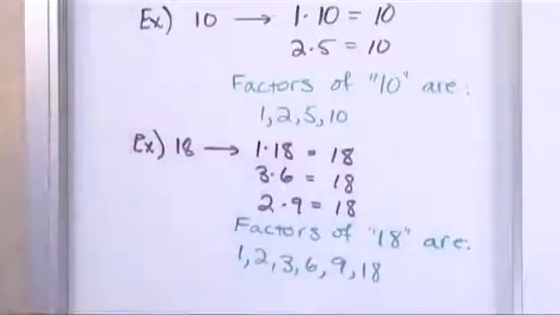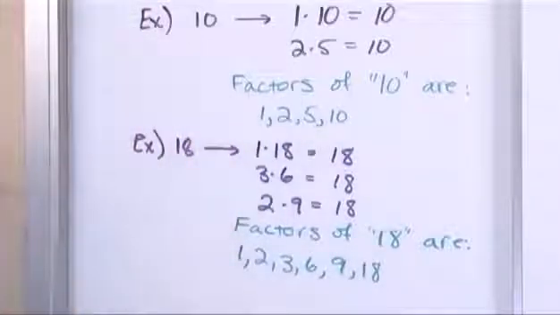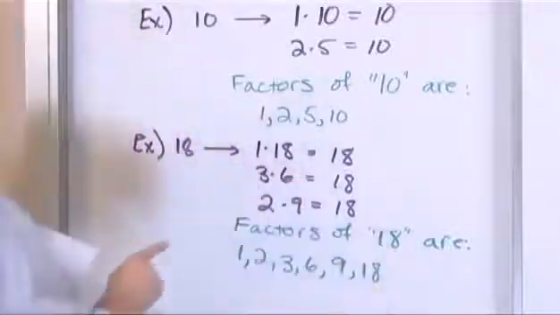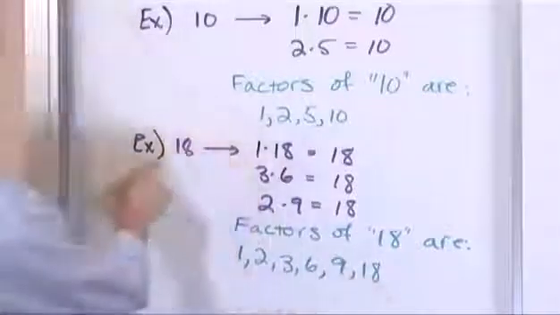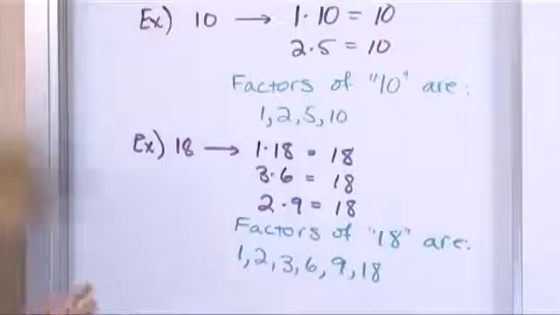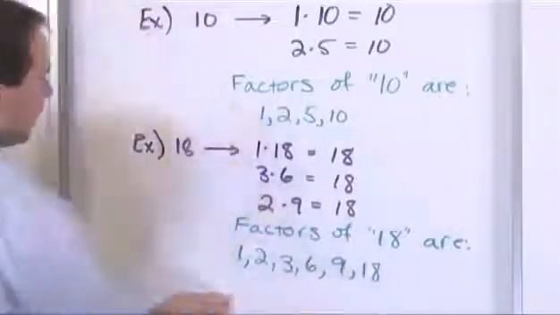Now, let me just point one thing out to you, that I keep saying over and over, that everything in this list of factors can be multiplied by something else to give you 18, which is true. But that's just another way of saying that all of the factors of the number 18 can be divided into 18 evenly. In other words, 18 is divisible evenly by all of these numbers.